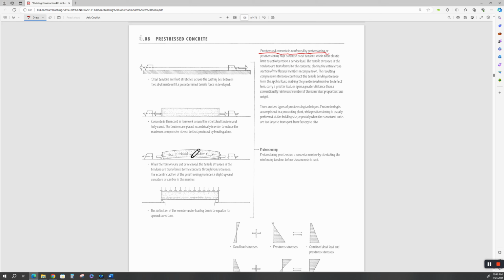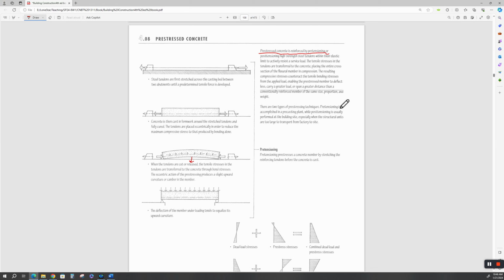So it's bent up a little bit so that when you load it, it deflects back down to a predetermined, pre-engineered level once it's loaded, okay? So it's preloading it. It's like making a spring, a leaf spring on a car, all right? But it's out of concrete. And this is called pre-tensioning.